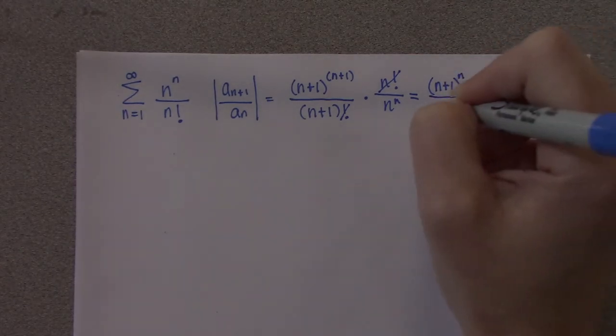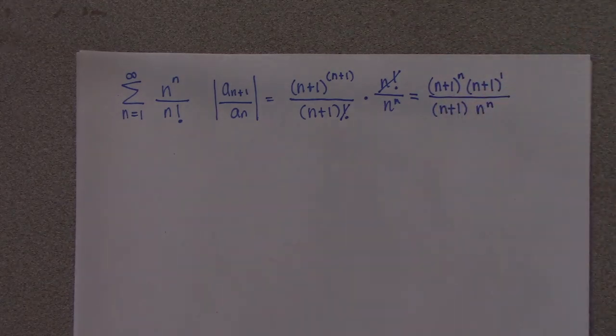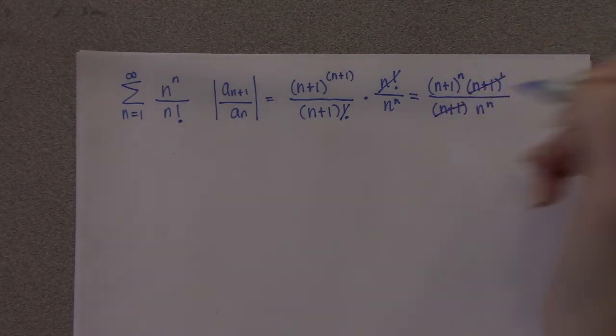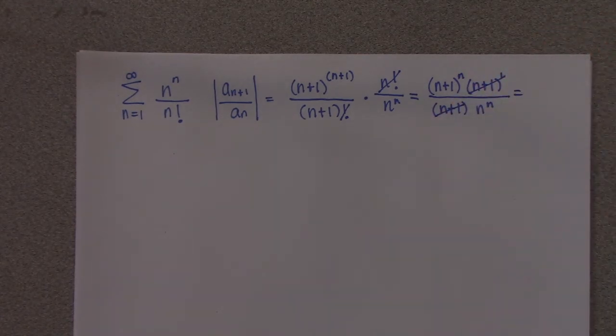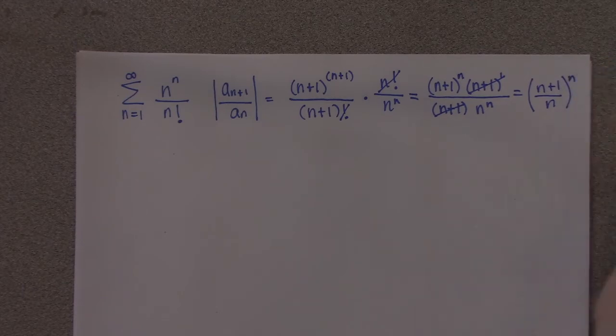In the denominator, I still have my n plus 1 and my n to the n. So the n plus 1 in the numerator and the n plus 1 in the denominator will cancel. And since everything I have left is raised to the n, I can write that as n plus 1 over n raised to the n.